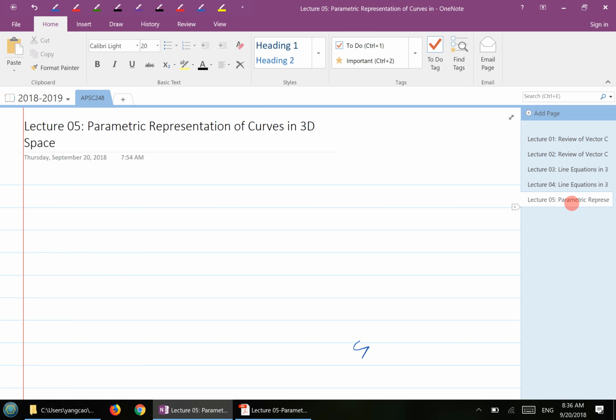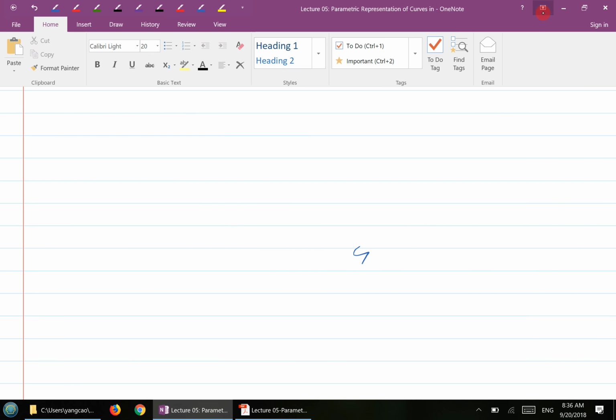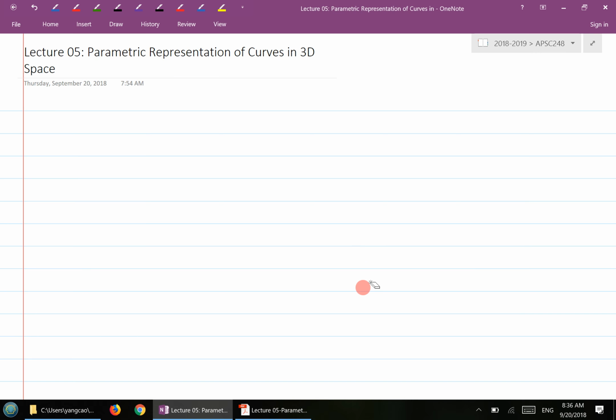Okay, let's continue now to a new topic. So now I'm going to get away from lines and planes, just temporarily. We're looking at the parametric representation of curves now in 3D space.